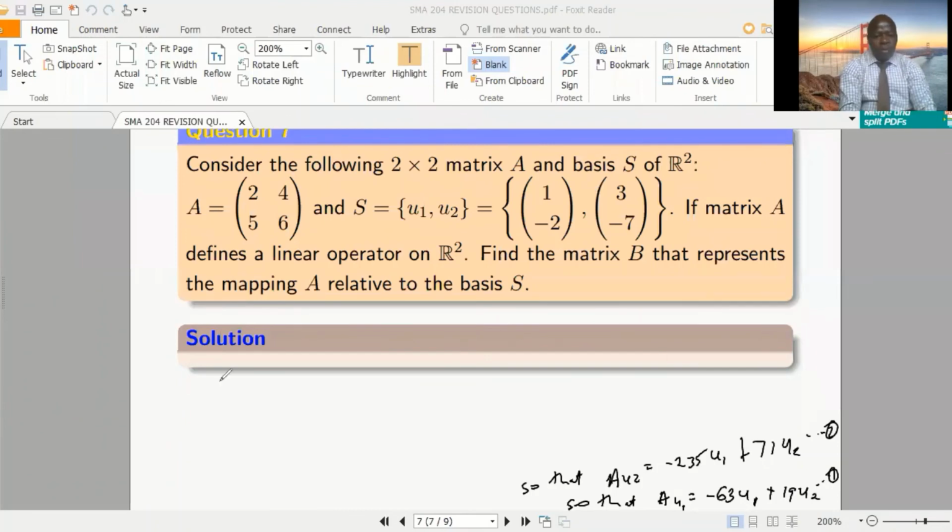Our matrix B would be the matrix formed when you write the coefficients in equation 1 as a column vector, and the coefficients of equation 2 as column 2. And this is matrix B. This is what we were supposed to have done.